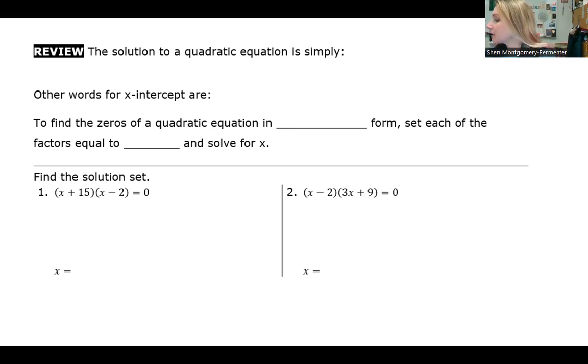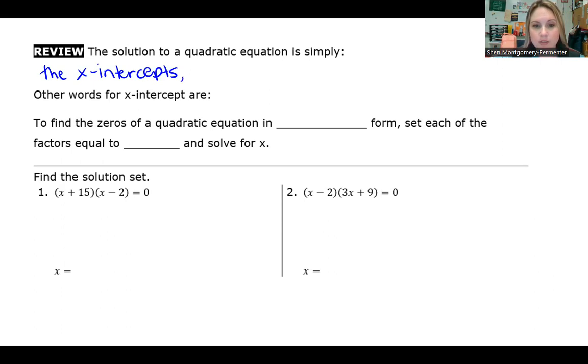The first blank, if you didn't fill in this blank the other day: the solution to a quadratic equation is simply the x-intercepts.